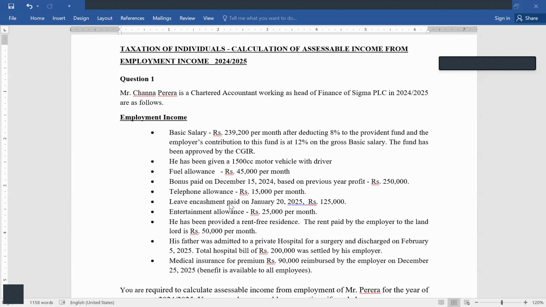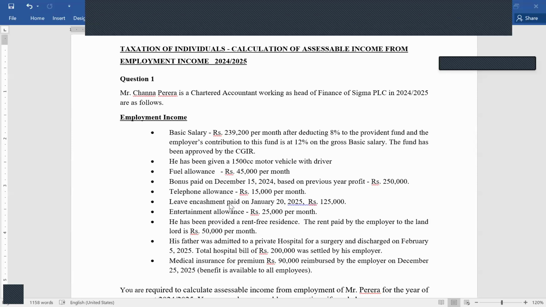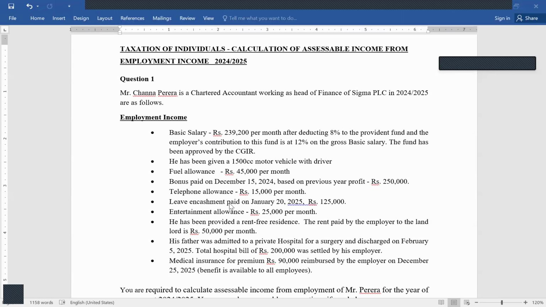Why is that? What is that amount? What is the 15,000 amount?